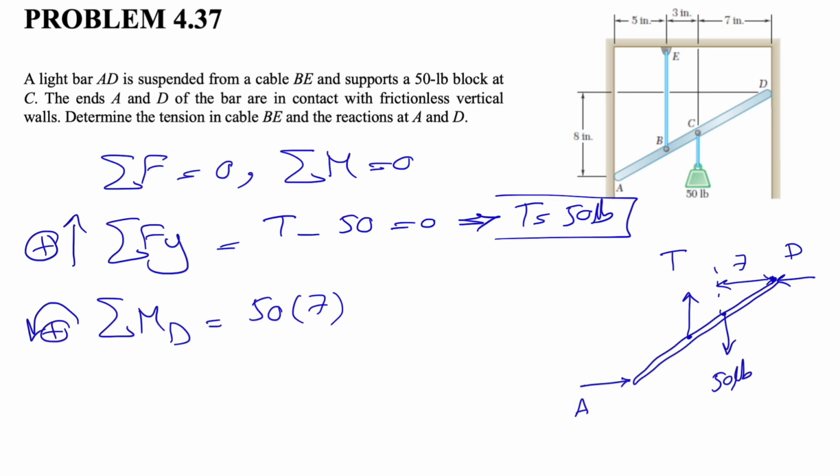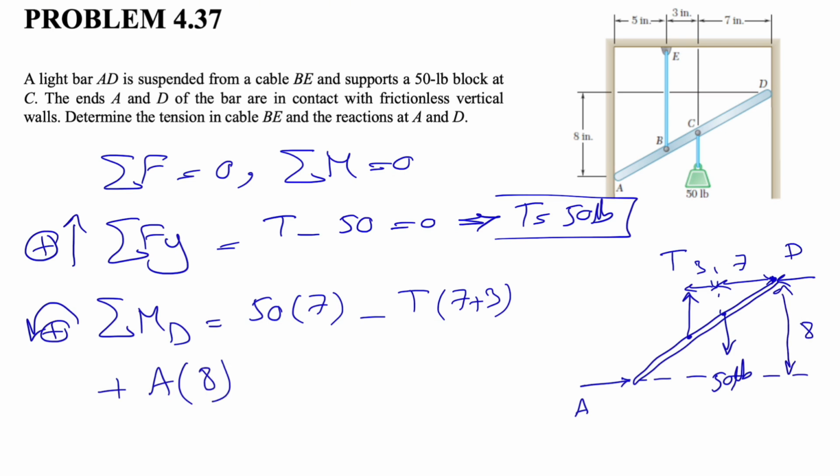Looking at the next moment, we'll have the moment of T, which is clockwise, so we have a negative sign, and the distance this time will be 7 plus 3, so we know here is 3. And last one will be the moment of A, which is also counterclockwise, so positive, and the distance will be what we have from D to the line of action of the force, which is 8.